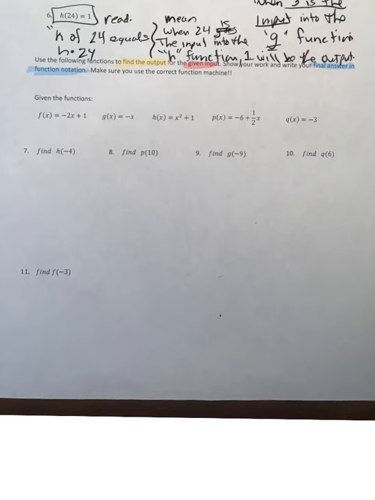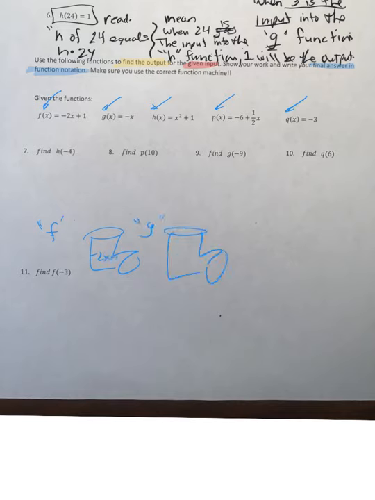So let's look at the different machines. Notice that we have the machine F, the machine G, the machine H, the machine P, and the machine Q. We have the F machine, and its rule is negative 2x plus 1. We have the G machine, and its rule is negative x.